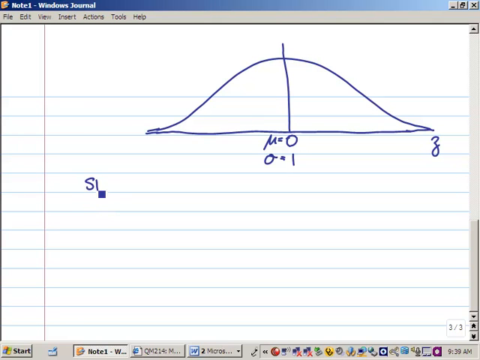So this is the standardized or standard normal distribution, and any normal distribution can be scaled back to this distribution, just like degrees centigrade can be scaled into degrees Fahrenheit, or yen can be scaled into dollars. Any normal distribution can be standardized back to the standard normal distribution.